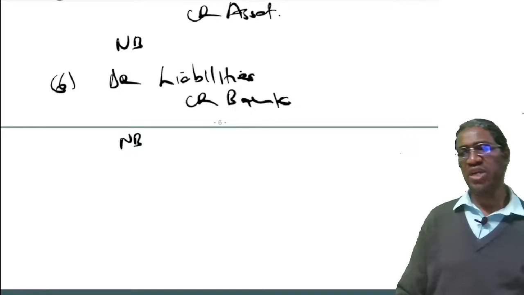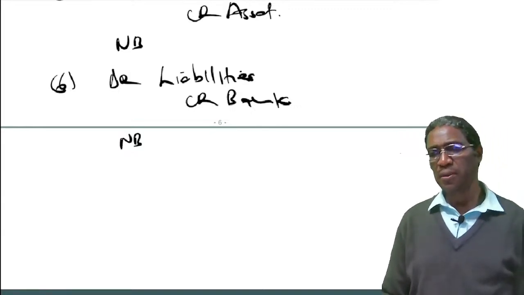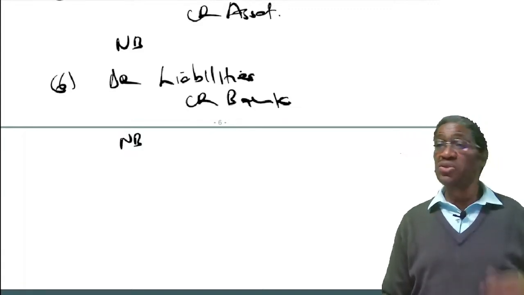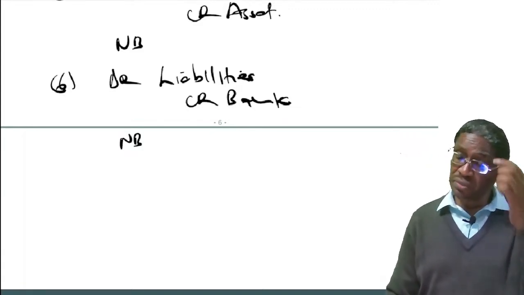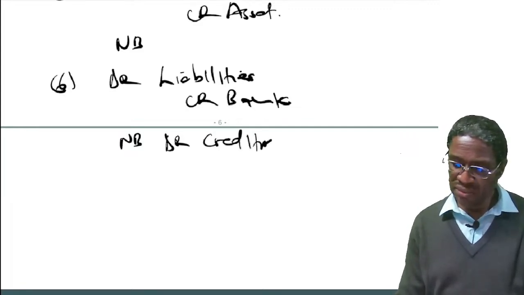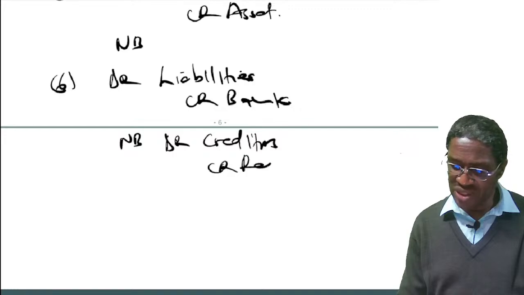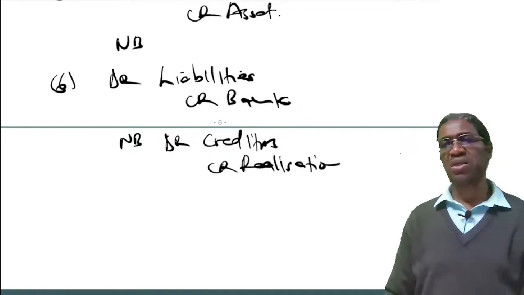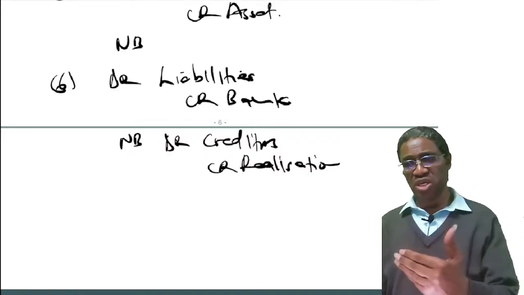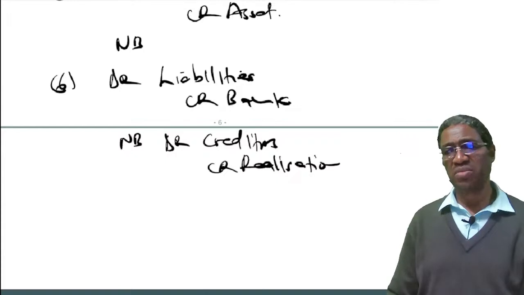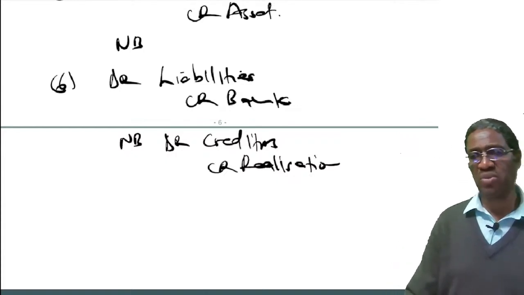Then you consider another NB: with any discount received from creditors, debit creditors, credit realization. That's number 6.